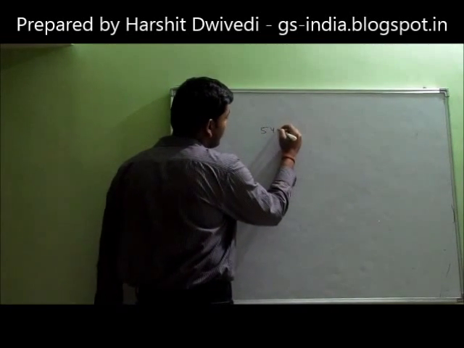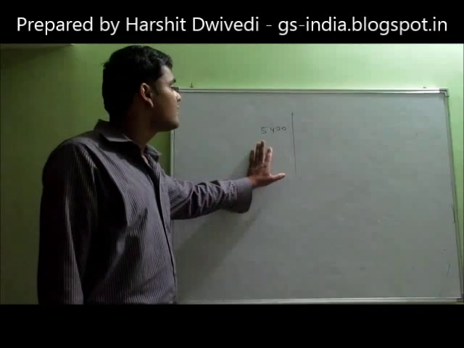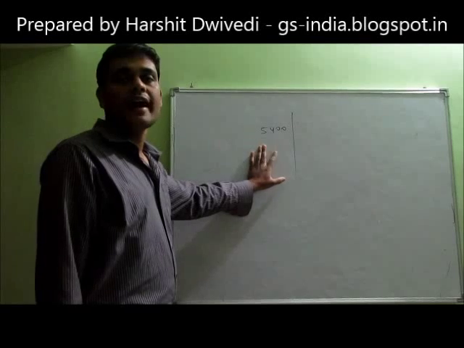Suppose I have a number 5400. I have to find the sum of all the numbers that are less than 5400 and are co-prime with it.